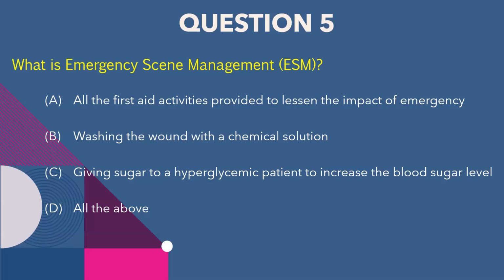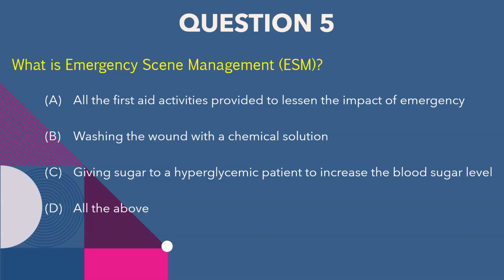B. Washing the wound with a chemical solution. C. Giving sugar to a hyperglycemic patient to increase the blood sugar level. D. All the above. Question 6 is coming. I'm sure you have put your answer down on a piece of paper.